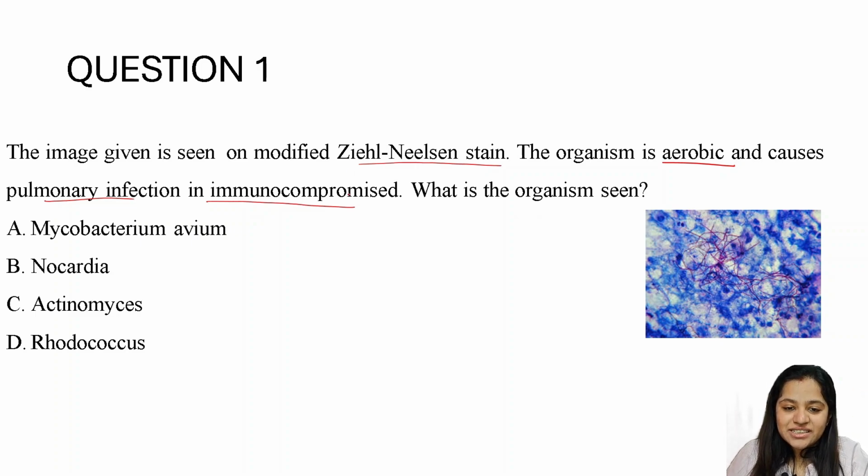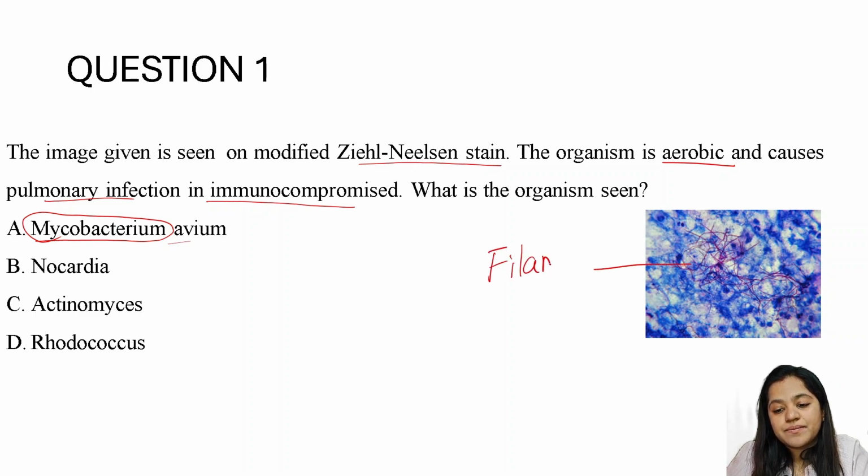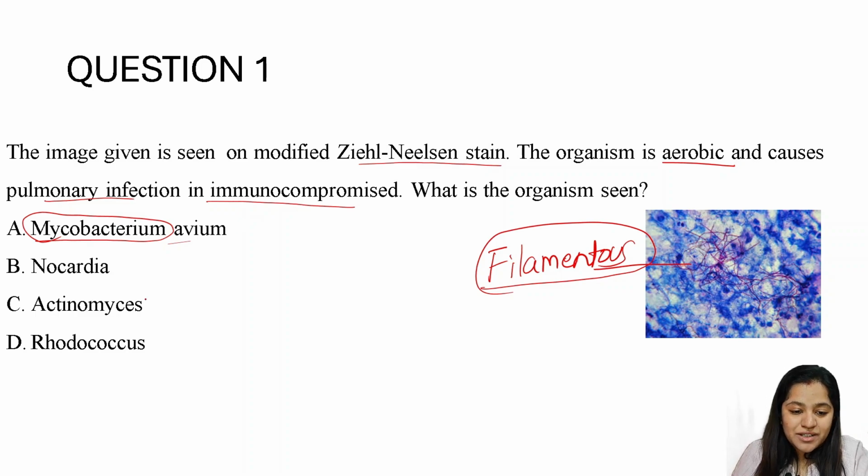Mostly in such cases, when you see pulmonary infection and modified ZN stain, and you don't focus on the image, the first option is Mycobacterium, and it can get confusing because Mycobacteria cause TB, but this is Mycobacterium avium here. And you see the organism here, it is filamentous. Okay, this is filamentous. Your Mycobacterium avium is not filamentous.